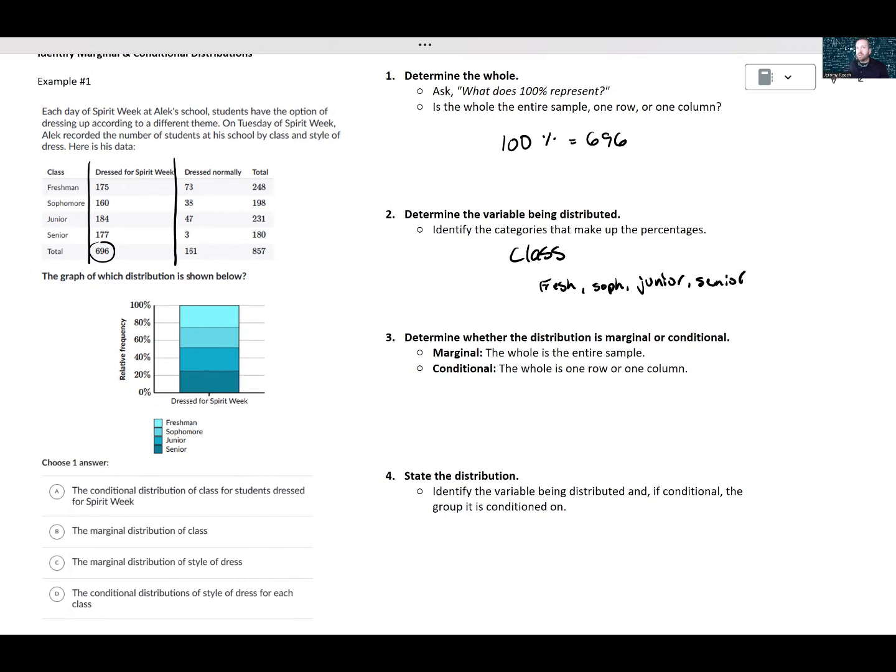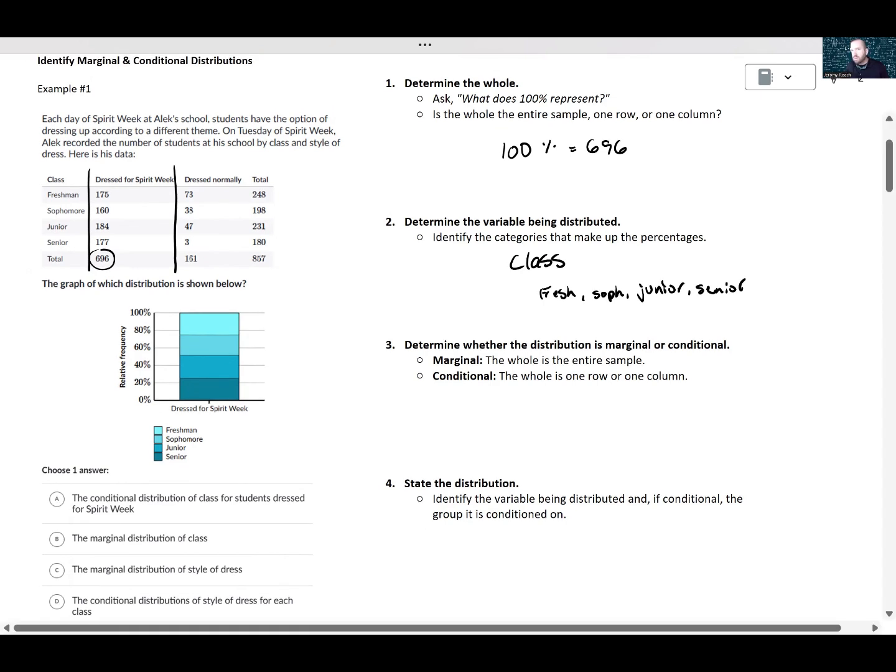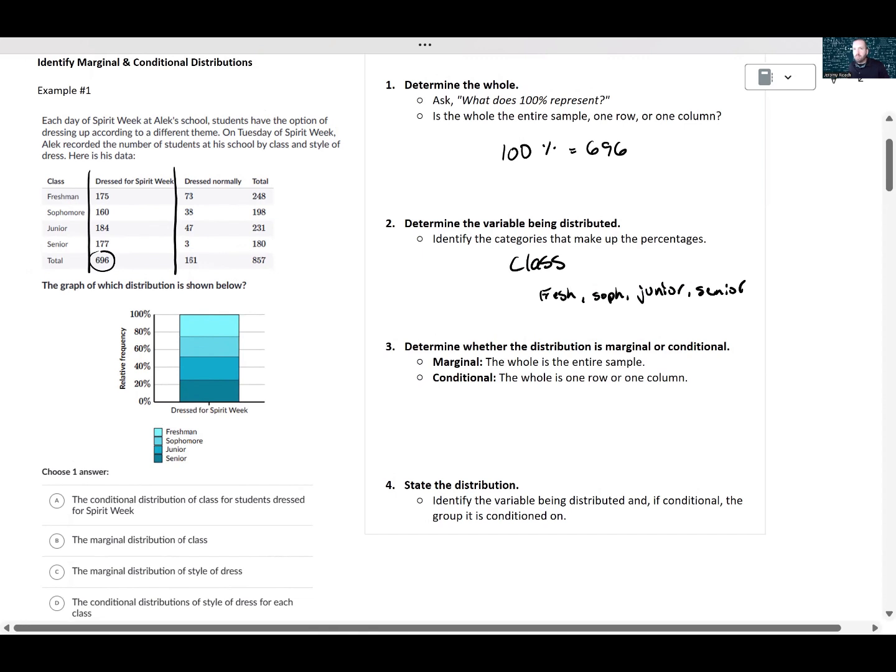Okay, now we want to figure out whether the distribution is a marginal or a conditional distribution. So if it's a marginal distribution, the whole, the 100% part is the entire sample, or we can think of it as the grand total.